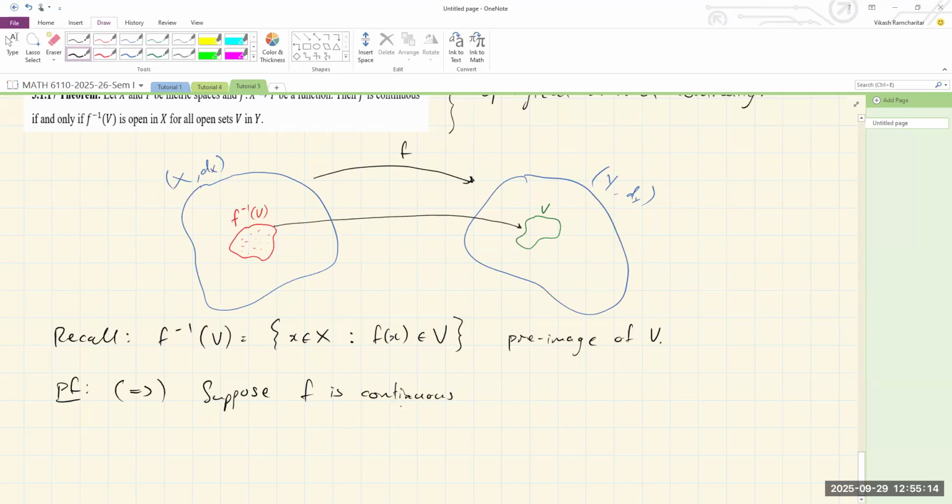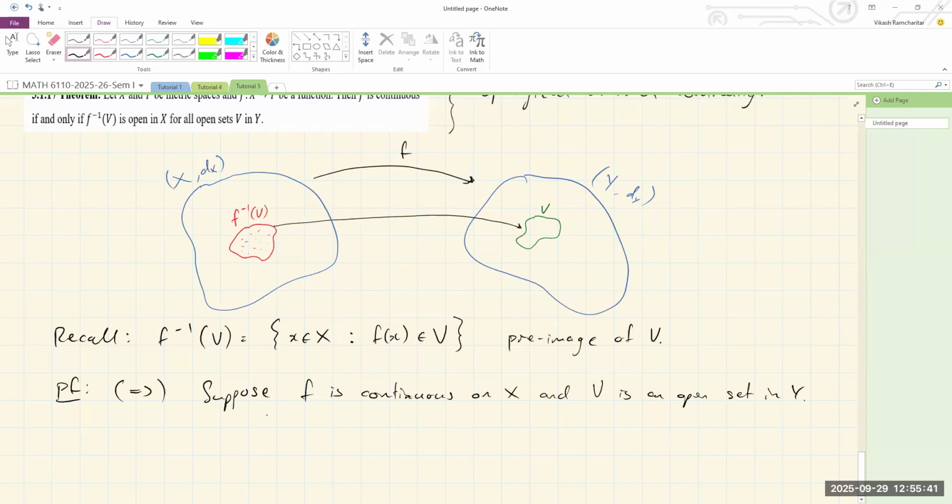Continuous means the epsilon-delta definition with respect to the metric. So suppose f is continuous on X, and we're going to take V to be an open set in Y. So V is an open set in Y.